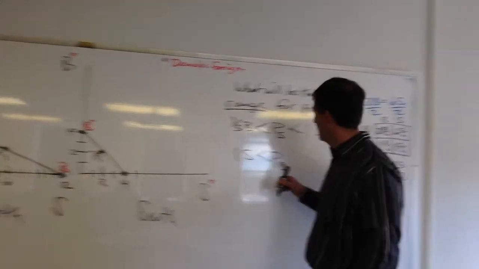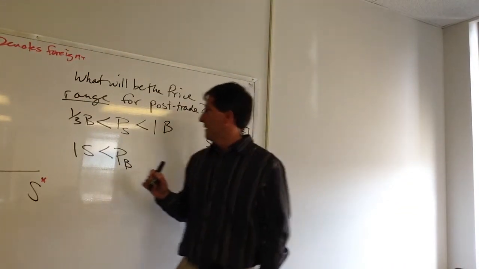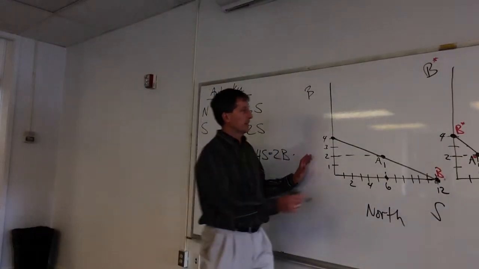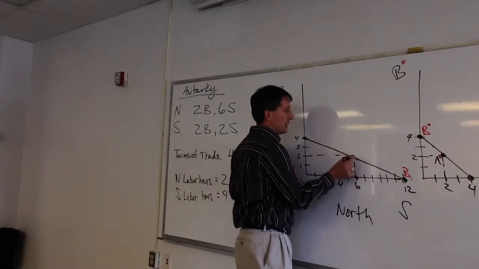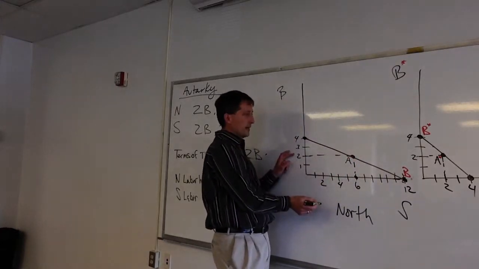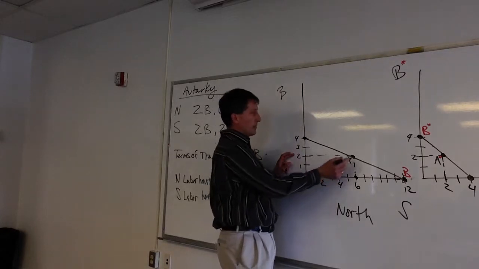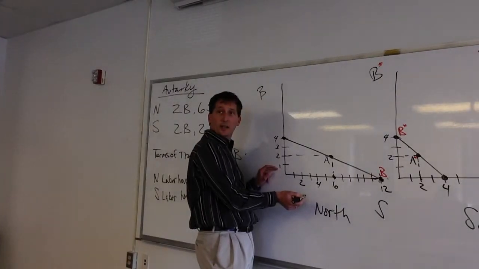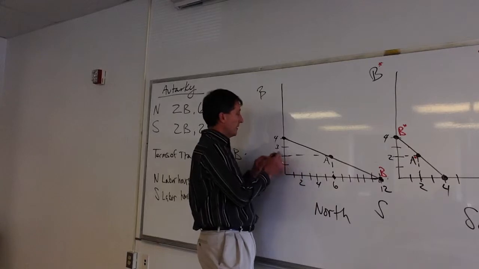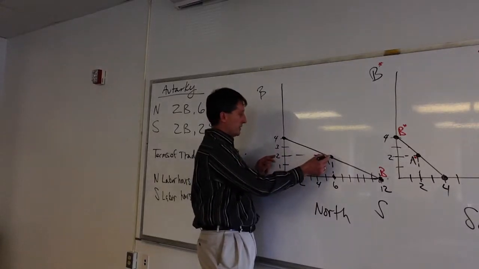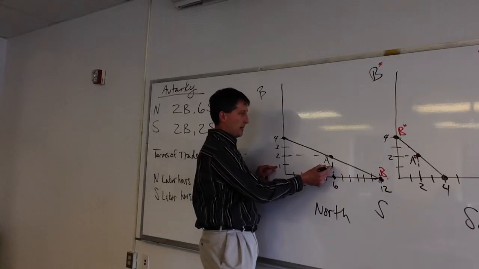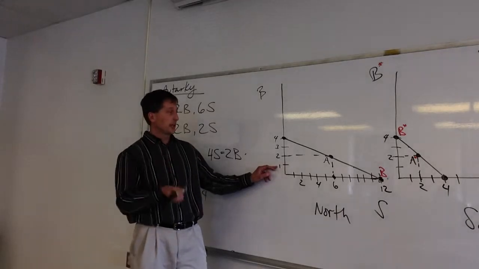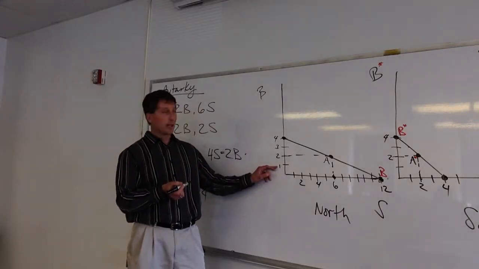How about the bread buyer? Has to be less than 3. Because again, they'll do it themselves. So if we're sitting at point A, if the North gives up 1 bread, how many shirts are they going to get for themselves, just doing it internally? 3, right?